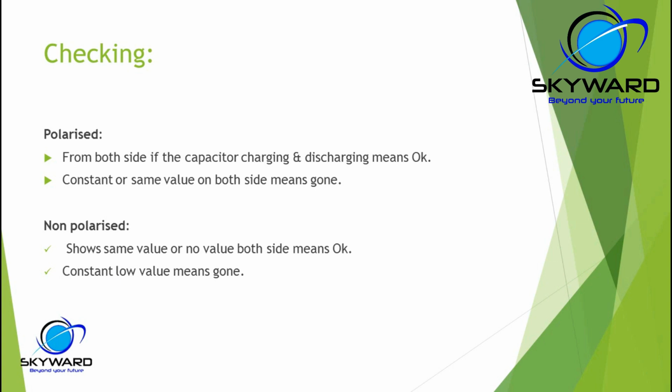If a constant value is coming, it's bad. But a non-polarized capacitor will not show any value. So the same value or no value on both sides means okay, but a constant low value means gone. We will make you understand this particular concept in the circuit and in the practical session.